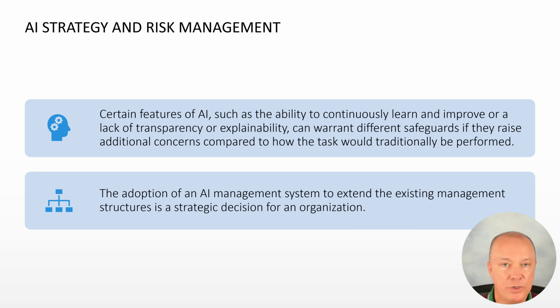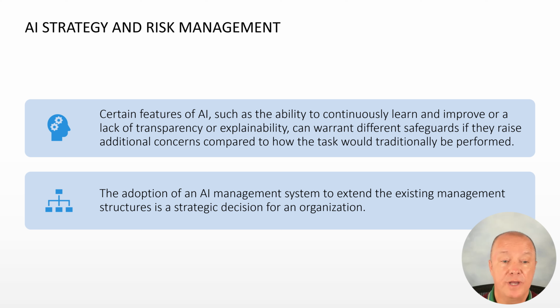In Module 2, where we discuss the AI management system architecture and strategy, you'll see that we need to have an emphasis on risk management throughout. After all, certain features of AI, such as the ability to continuously learn and improve, or perhaps a lack of transparency or explainability, can warrant different safeguards if they raise additional concerns compared to how the task would traditionally be performed.